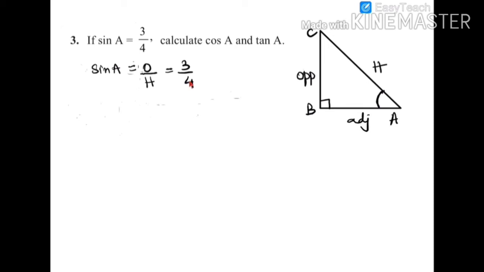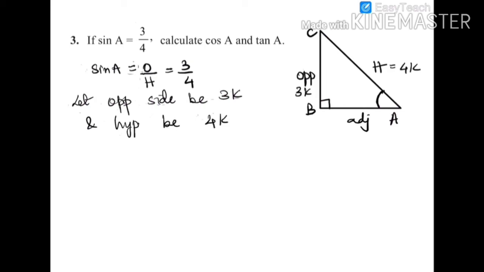Since 3 upon 4 is a ratio which is reduced to its lowest form, we cannot say that opposite side is 3 centimeters and hypotenuse is 4 centimeters. Since 3 upon 4 is reduced ratio, there will be a common factor multiplied to these numbers. So let k be the common factor, and then we can say let the opposite side be 3k and hypotenuse be 4k.